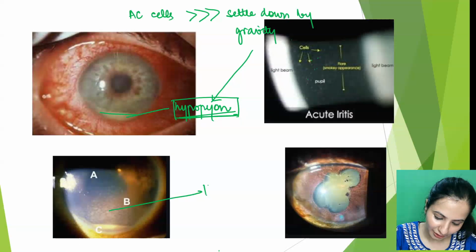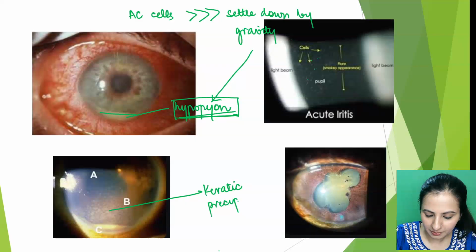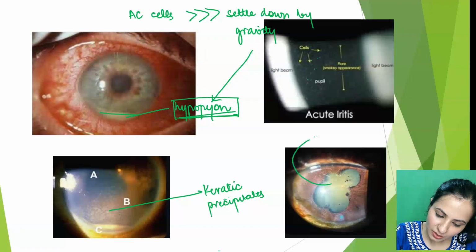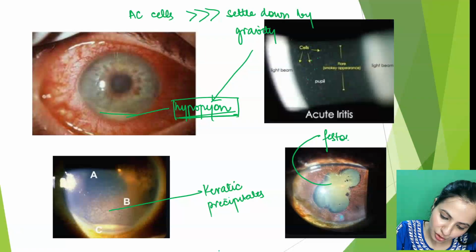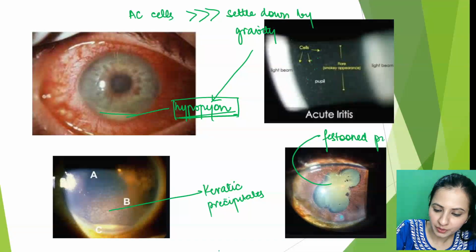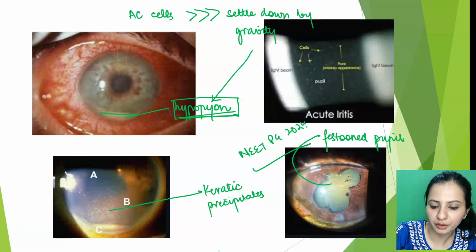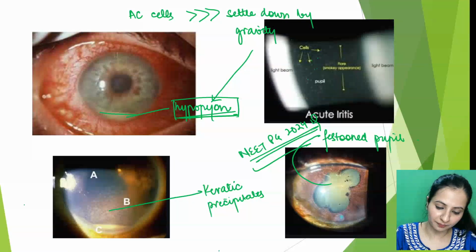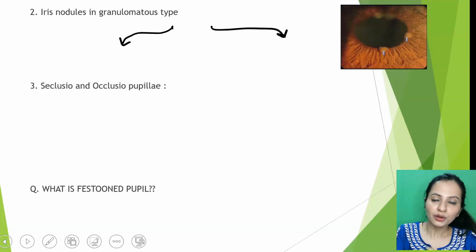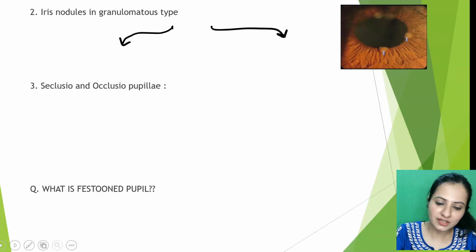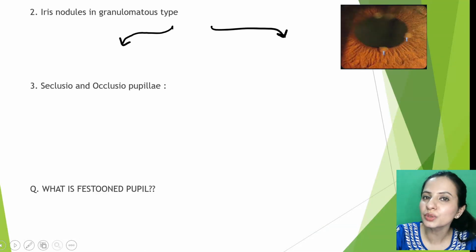This is your typical picture of keratic precipitates. And then this is what you call festooned pupil. This is your NEET PG 2024 question.